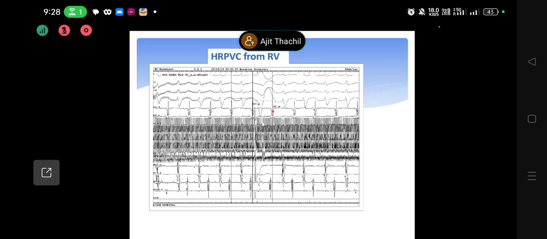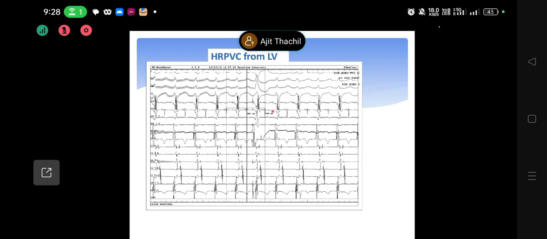So here is the same tachycardia, and here is a PVC. Now look at V1. V1 starts with a positive deflection, meaning the PVC is coming from the posterior ventricle now. You can see a pacing spike. When the PVC came from the posterior ventricle, I measured here, the A to A became 348.